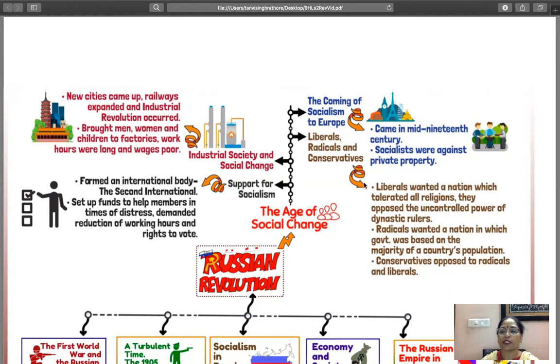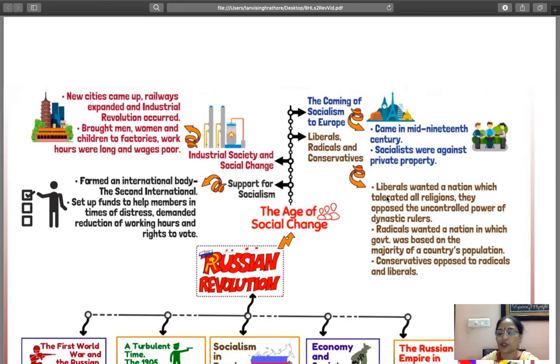If you look at the liberals, they wanted a nation which tolerated all religions. They opposed the uncontrolled power of dynastic rulers. When we look at Russia itself and some other European states, they were multi-religious.